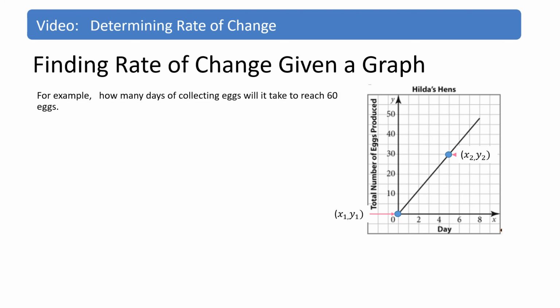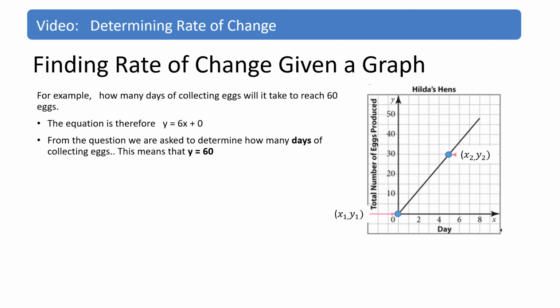For example, how many days of collecting eggs will it take to reach 60 eggs? The equation is y equals 6x plus 0. From this question, we are asked to determine how many days of collecting eggs. This means that y is equal to 60, as we know that the total number of eggs produced is represented by the y-axis.